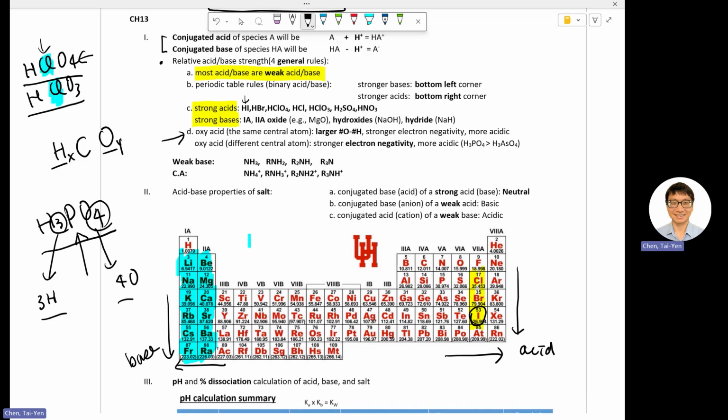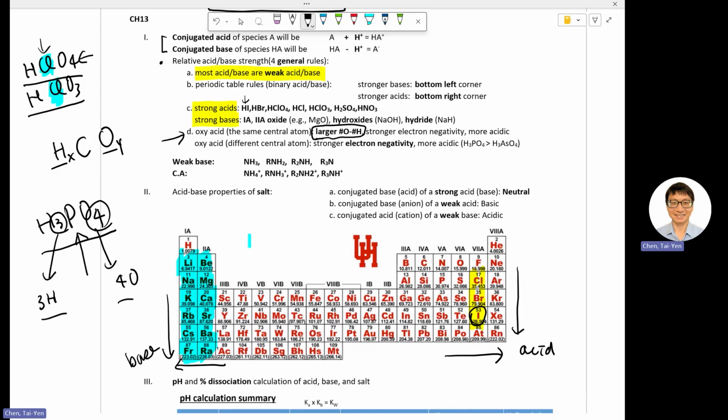And the reason it's stronger is because you calculate the difference between the number of oxygen and hydrogen. If the number of oxygen minus the number of hydrogen is bigger, then you have a stronger acid.